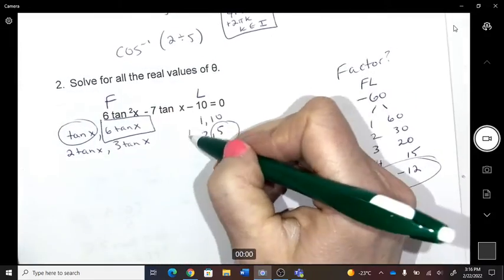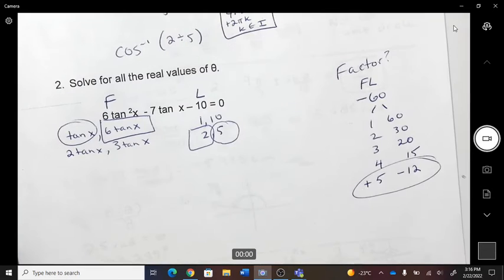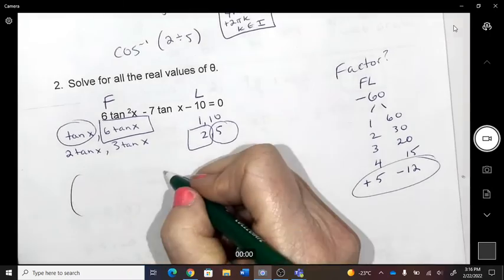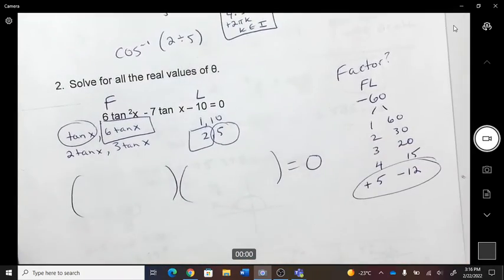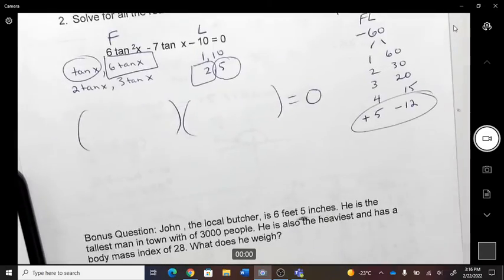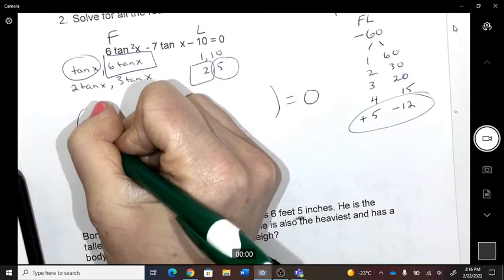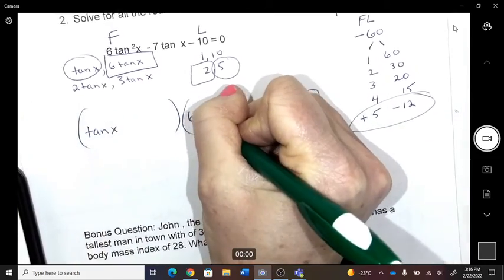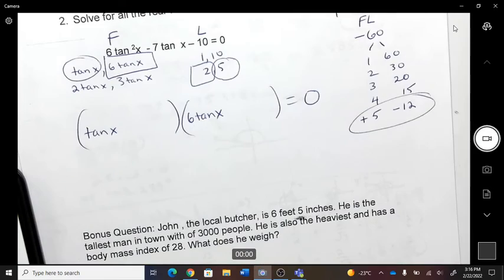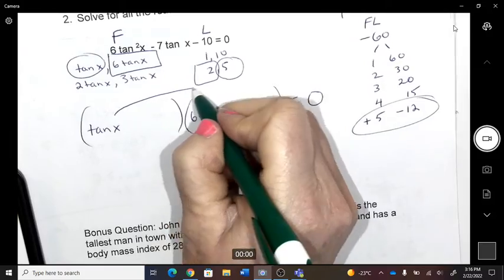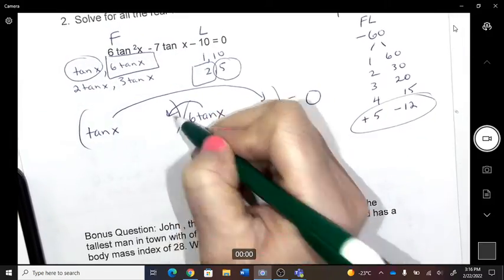5 and 12. You see my partnerships? 5 tan x, 6 tan x times 2. Okay, so I'm going to put a tan x and a 6 tan x in the front. And then what did I partner with that?